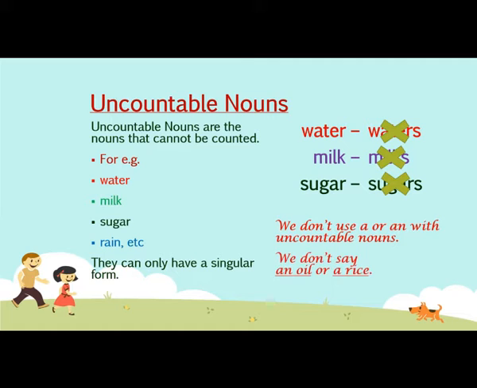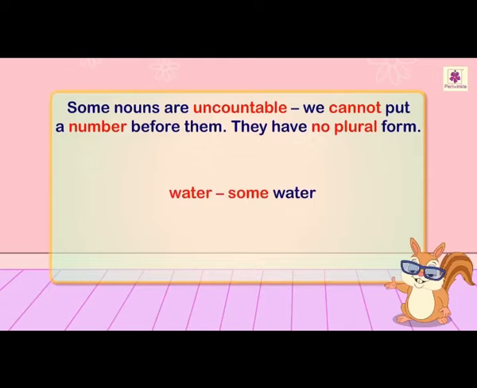So we cannot say an oil or a rice. Oil and rice are uncountable nouns. For the uncountable nouns, we cannot put a number before them because they have no plural form.